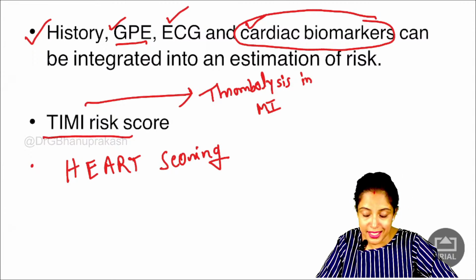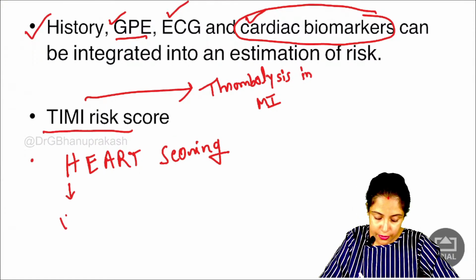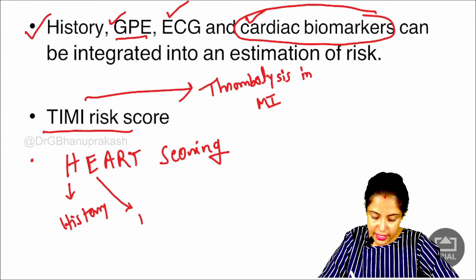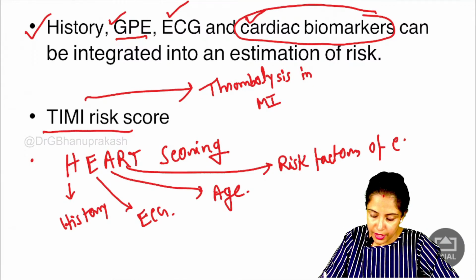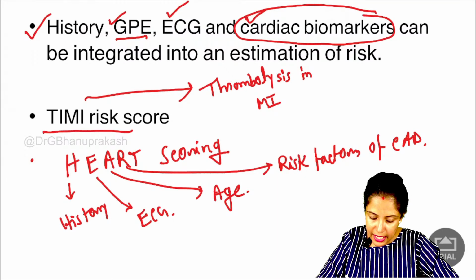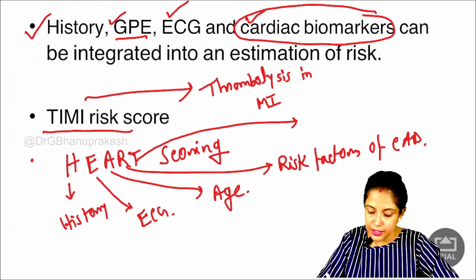What does HEART stand for? H stands for history, E stands for ECG, A stands for age, R stands for risk factors of CAD, and T stands for troponin.